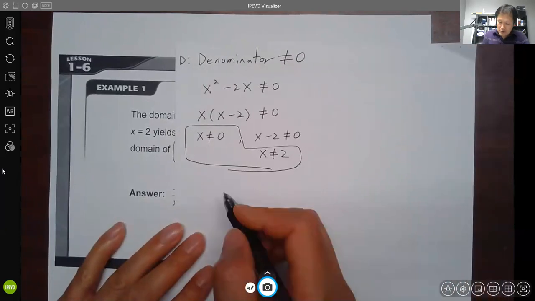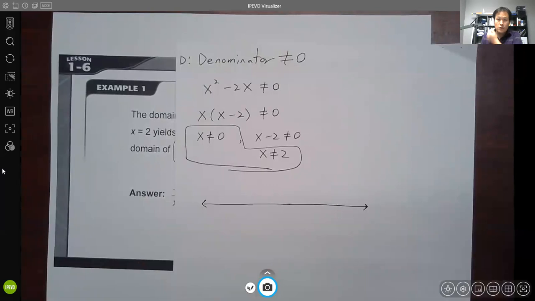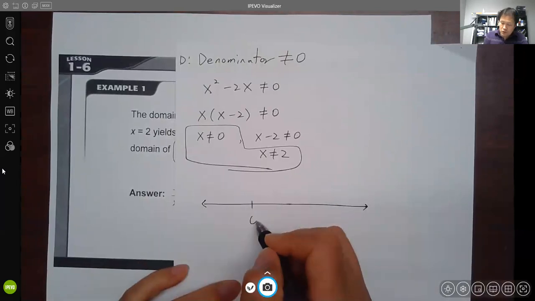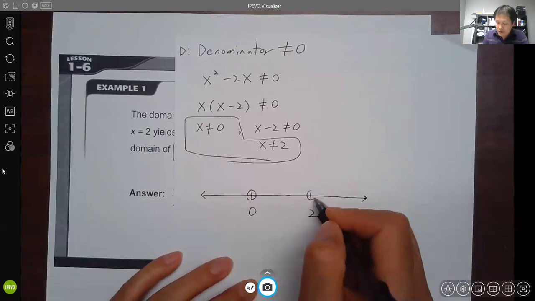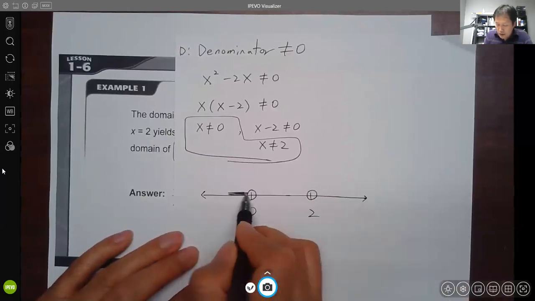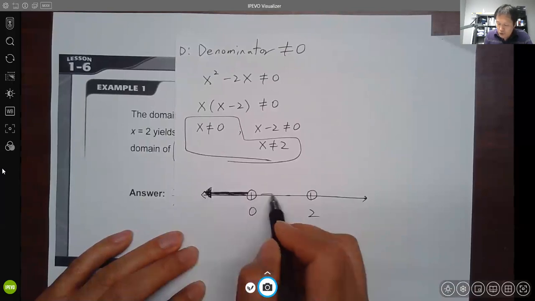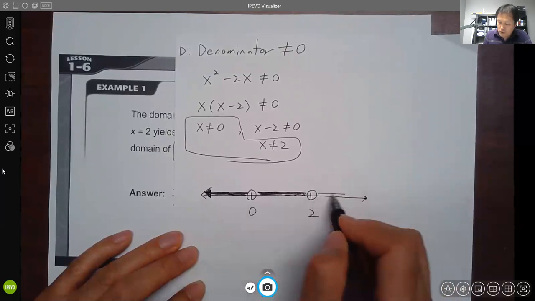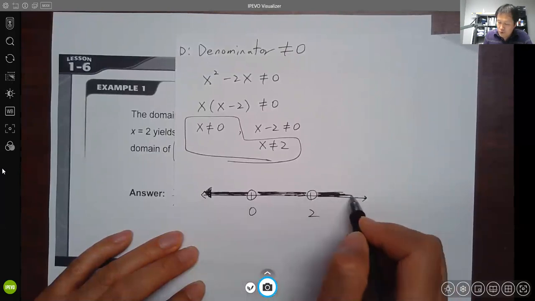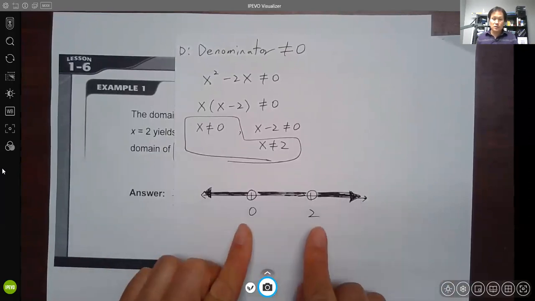I think for the RLX, you are asked to express using interval notation. So here's a 0, here's a 2. x cannot be 0, cannot be 2. Anything else is okay. So you can go forever to the left, you can go between 0 and 2, you can go greater than 2. You're pretty much covering everywhere except these two points.